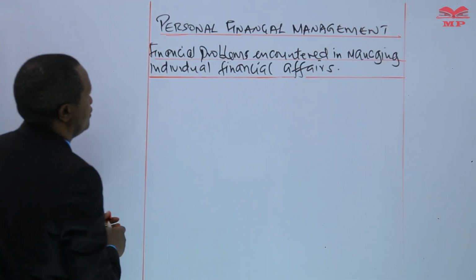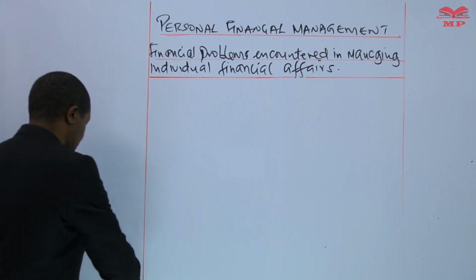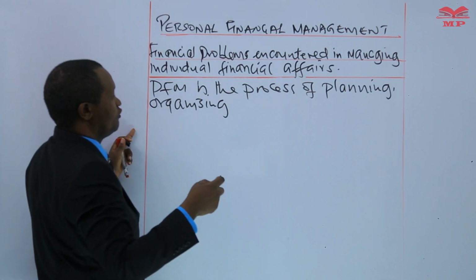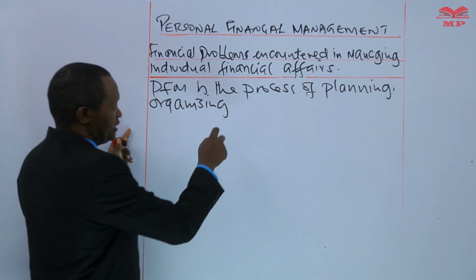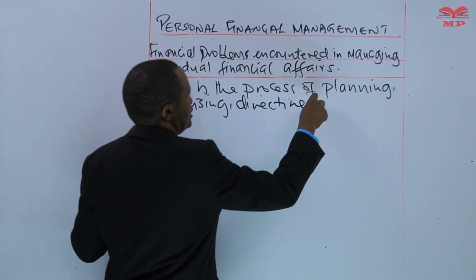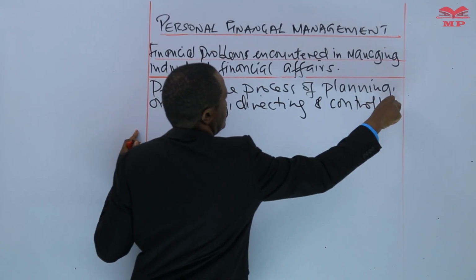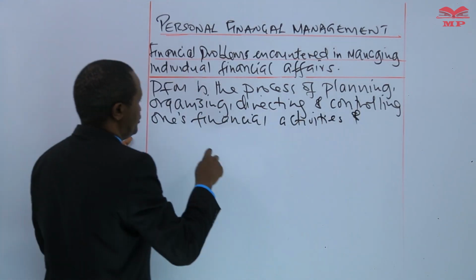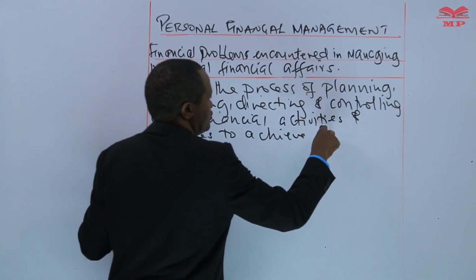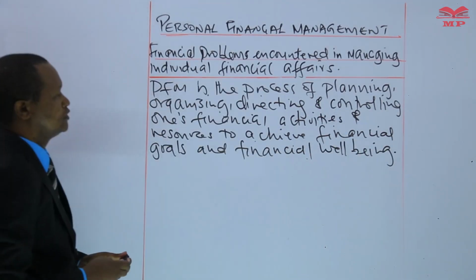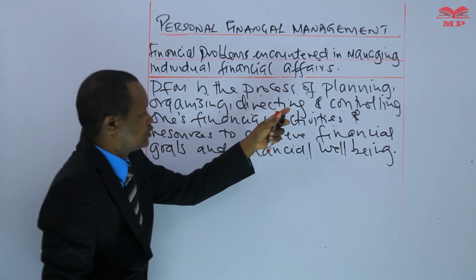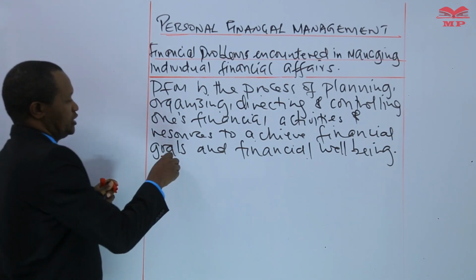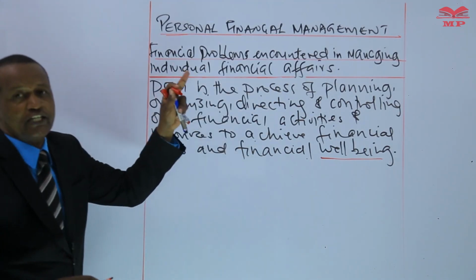Personal financial management can be defined as the process of planning, organizing, directing, and controlling one's financial activities and resources to achieve financial goals and financial well-being.